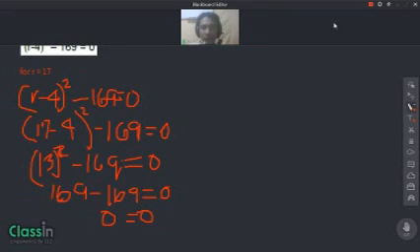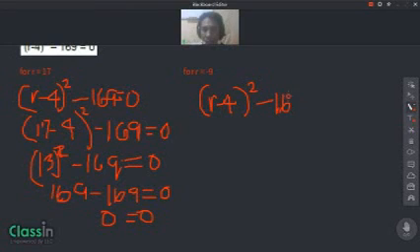Okay, next, the value of r for r equals negative 9. So again, we will rewrite our equation: r minus 4 squared minus 169 was 0.